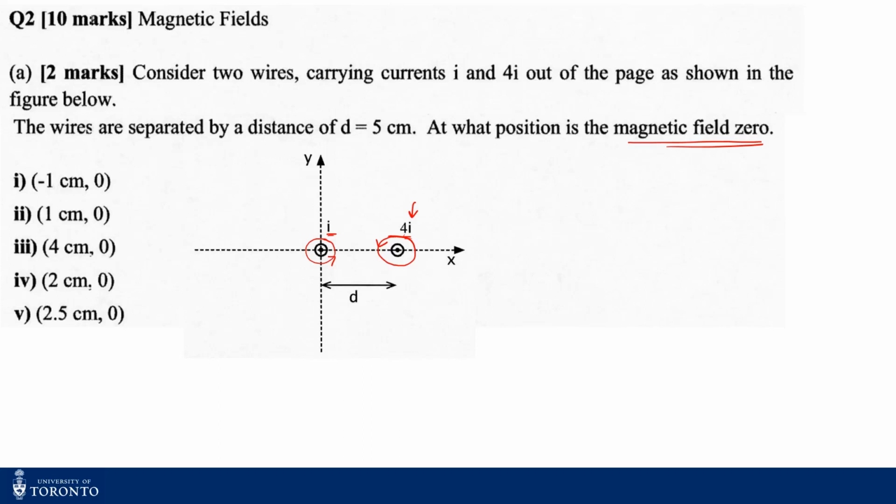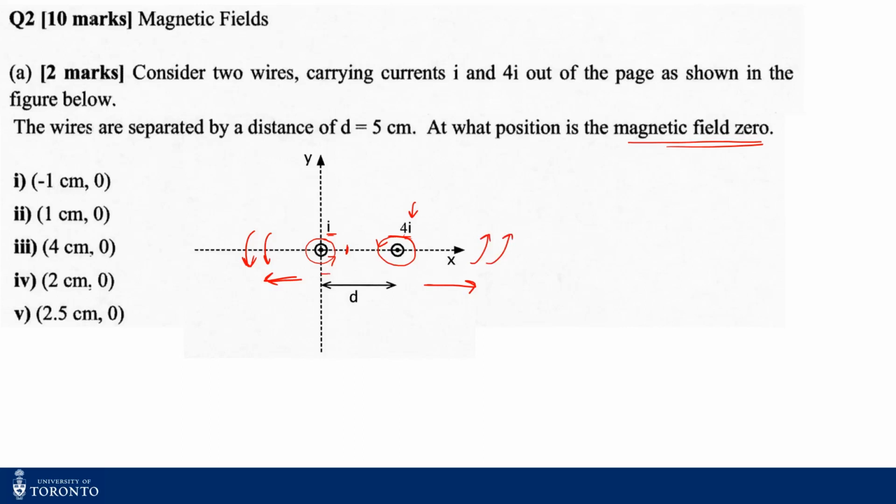It will be closer to the conductor carrying the current I, right? And it cannot be in this region, because in this region both the magnetic fields are in the same direction, so they'll be adding up. It cannot be in this region also, because here also both the magnetic fields are adding up, right? Only in between, one is going up, the other going down.